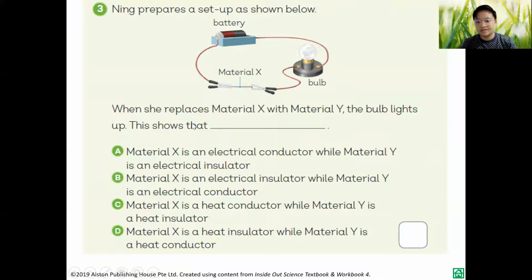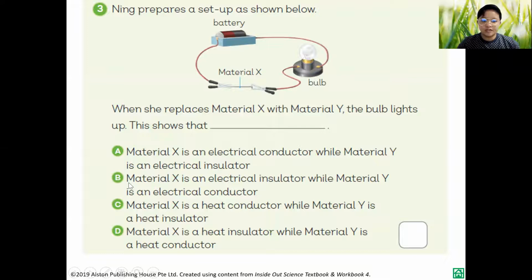From the statement, when she replaced material X with material Y, the bulb lights up, meaning the light bulb works. The electricity from the battery through the connecting wires reached the bulb, which made it power up and light up.